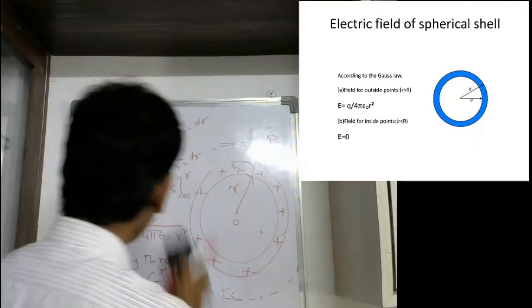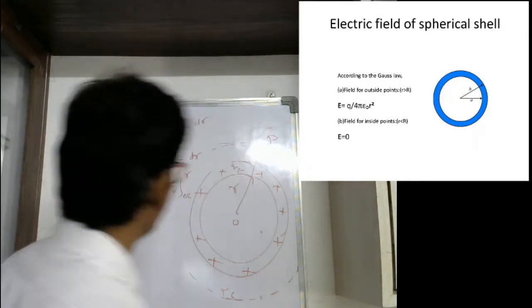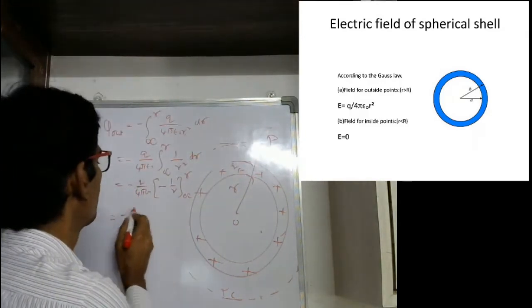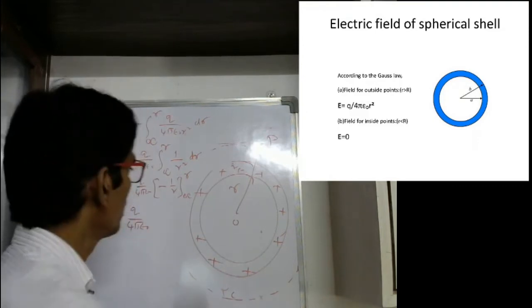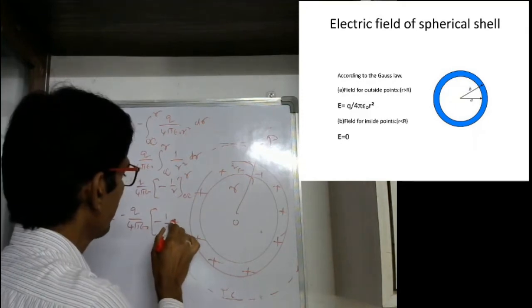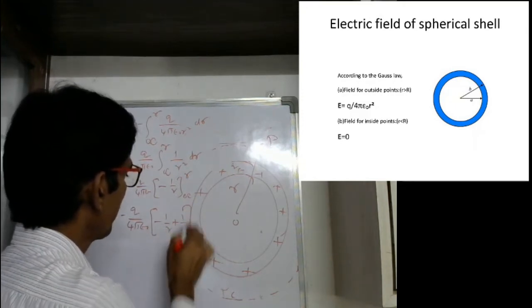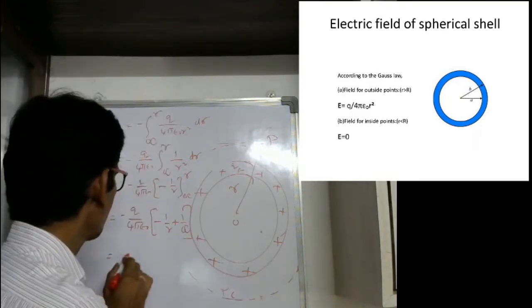Now to substitute the limits, minus Q by 4 pi epsilon naught. First the upper limit, there is no change, minus of minus plus 1 by r. The second term, 1 by infinity, will be 0. So what is your final answer?